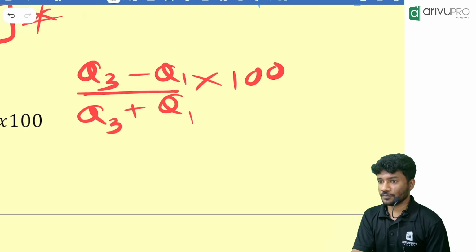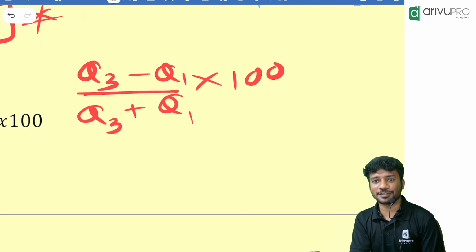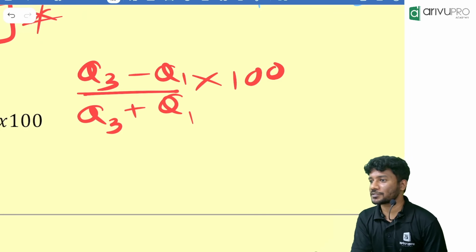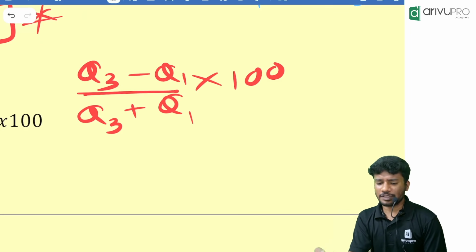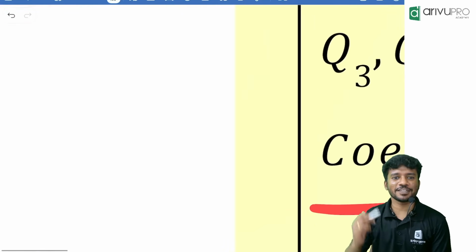What answer? Wrong answer. Along with what? Add-ons are there. For a wrong answer, you will get extra add-ons. What are the add-ons? Negative mark, minus 0.25. Now, basically, just deviating from this, since it is deviation, we will go for a deviation.